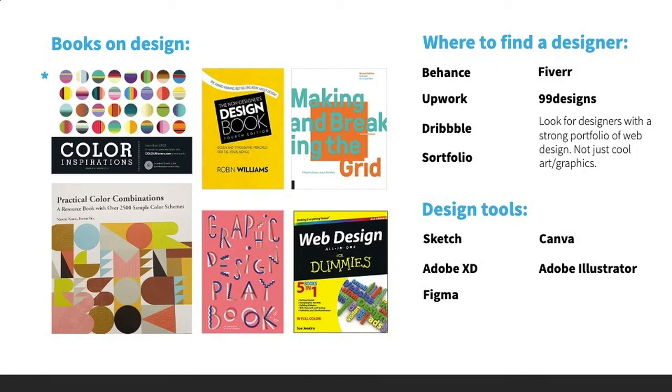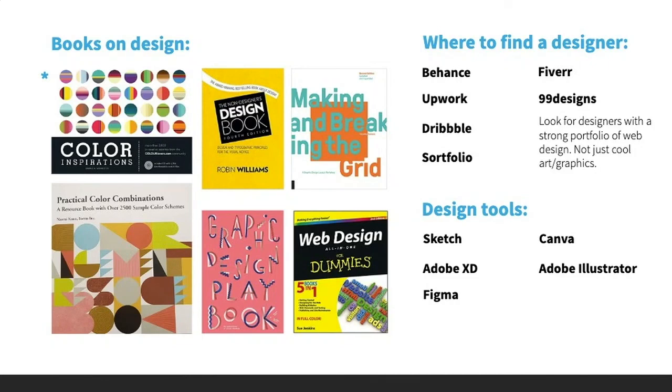So if you would like to find a designer to work with, I would suggest starting with Upwork and Fiverr, especially Upwork. That is one where you can set the budget. Maybe you are a little tight on your budget. Well, this one here, you can have designers bid on your job. Behance and 99 Designs are very good, but I would say that a lot of the designers there are maybe a little bit more expensive.